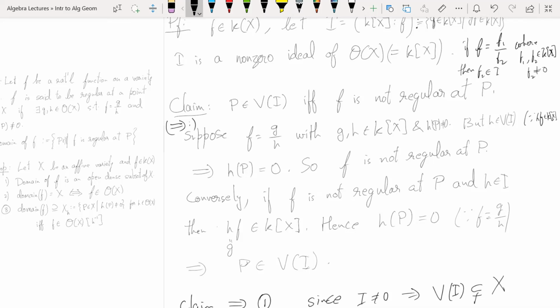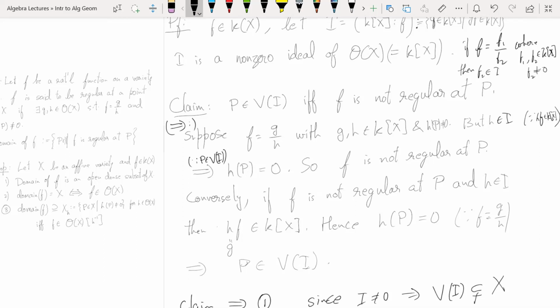That is the definition of I. But since h belongs to I and P belongs to V(I), h(P) must be 0, which contradicts our assumption. So that tells you that f is not regular at P.